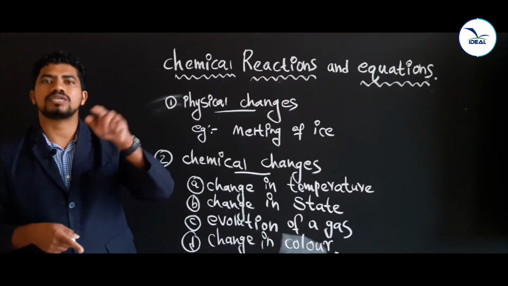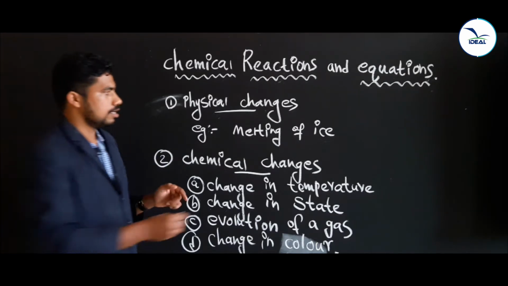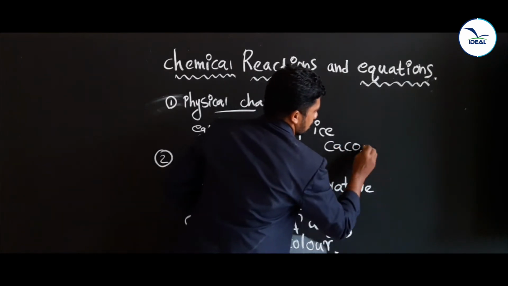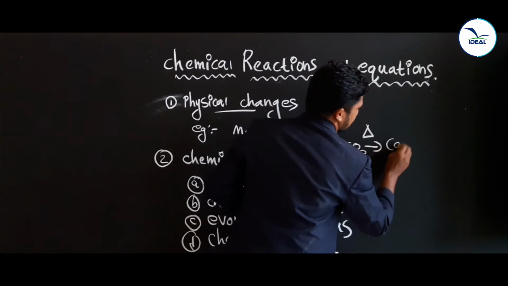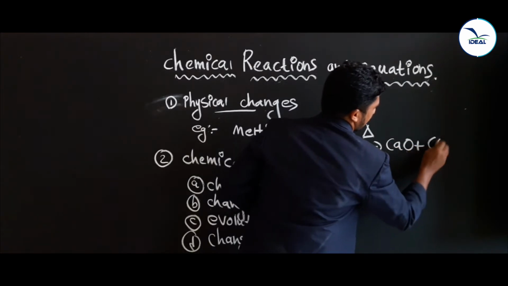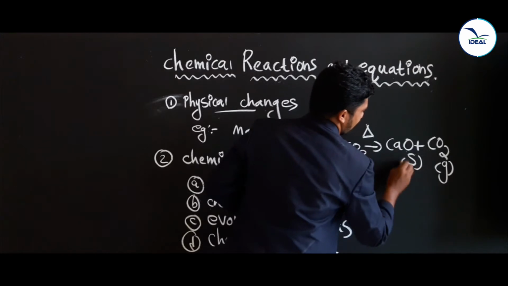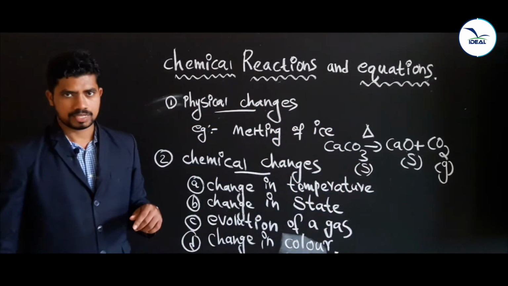If you take calcium carbonate as an example, CaCO3. If you heat CaCO3, what will happen? You will get calcium oxide and carbon dioxide. Actually, carbon dioxide is a gas, but calcium oxide is a solid, and calcium carbonate is also a solid.